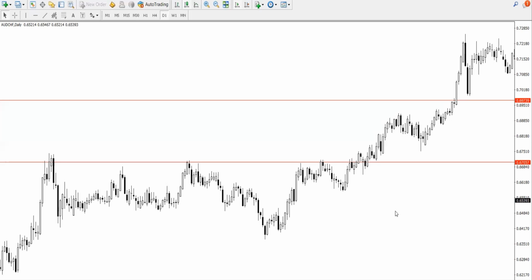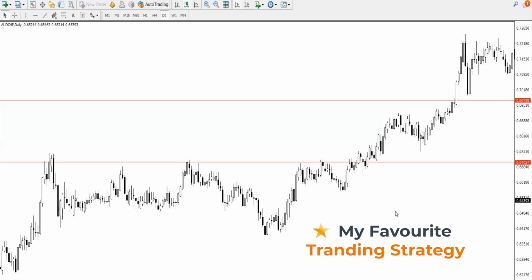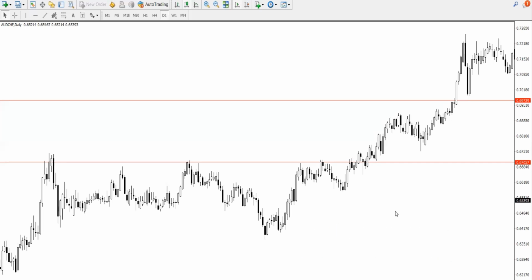But let me say from the outset that trading the pin bar, in particular the reverse pin bar as opposed to an inline pin bar, is my number one favorite trading strategy. That is because it's a high probability strategy, and the reason it's a high probability strategy is because it's a self-fulfilling prophecy.